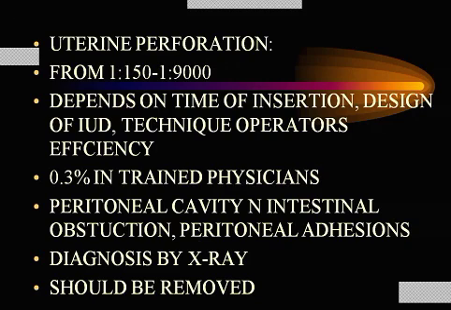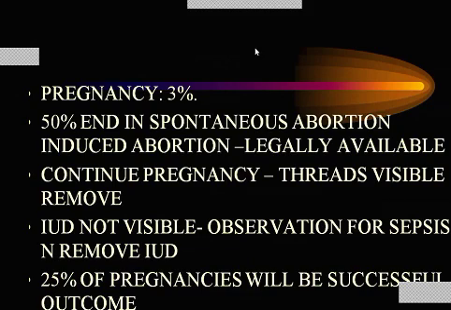So how will you diagnose if uterine perforation has occurred or not? You have to take an X-ray and confirm your diagnosis. Once the uterus is perforated, you have to remove the device.